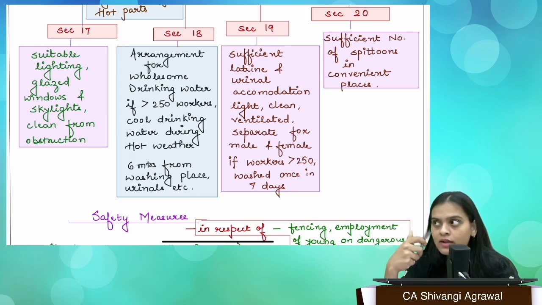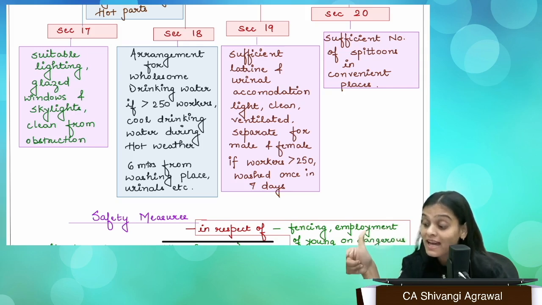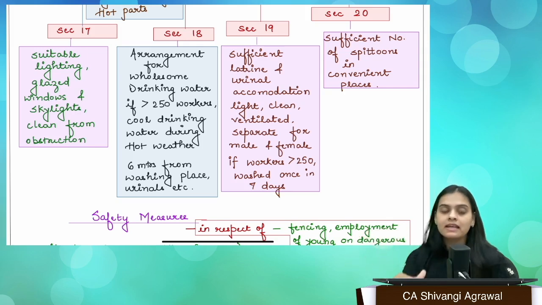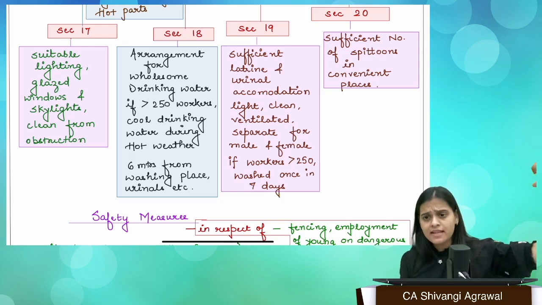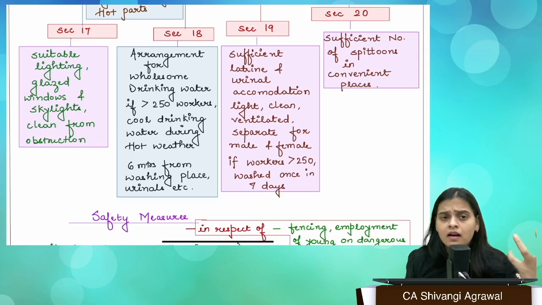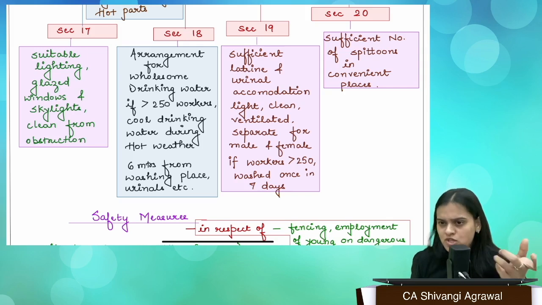It should not happen that it's causing some eye strain or there is a risk of accident to any worker. Like if there is a window through which sunlight passes and some kind of eye strain is being generated.